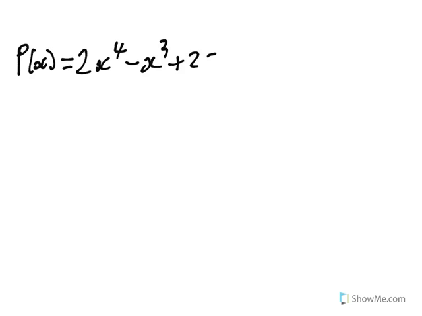So say, for example, p of x is 2x to the 4 minus x cubed plus 2cx plus 6, and p of 1 equals 21. Clearly we've got to find this c here. That's what we're after.